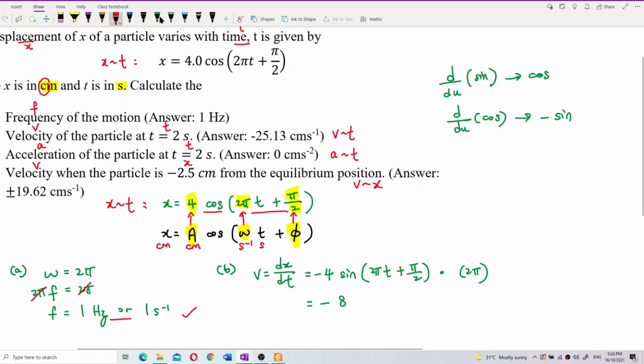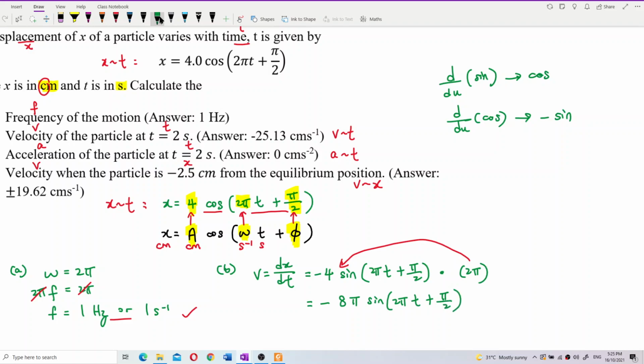So you know this one, just multiply to the front. To the front, that's why I get negative 8 pi sine(2 pi t plus pi over 2).